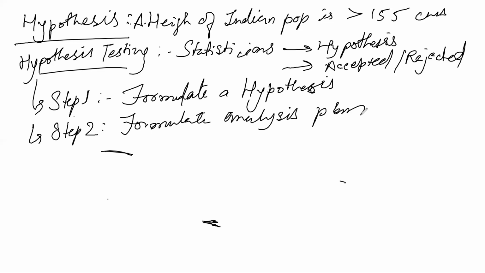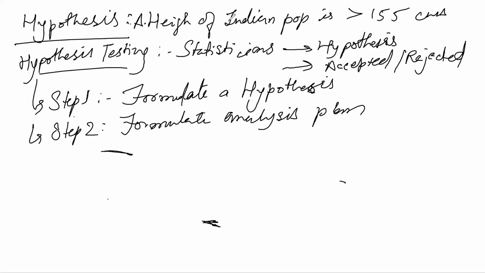What do I mean by formulate analysis plan? So I made this statement, average height of Indian population is greater than 155 centimeters. Now, how am I going to do the analysis? Basically, I'll take a sample, and maybe I will take a stratified sample.